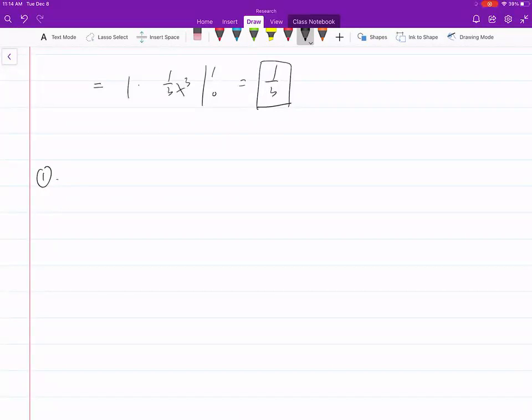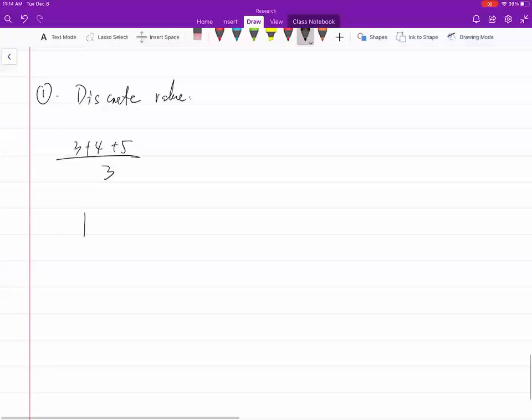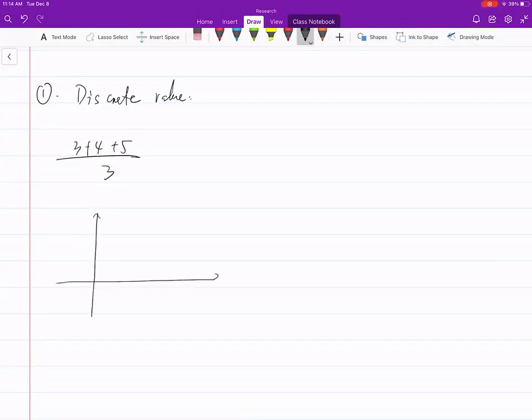Okay. The first one is it comes from the discrete value. Like we said, if you have the average value of these three, you simply just do that, right? Now, what is it really? What you are basically trying to do is this. You take a rectangle, say this is 3.